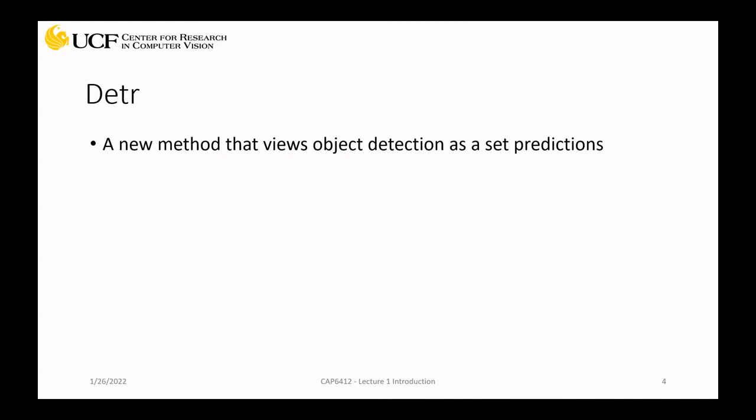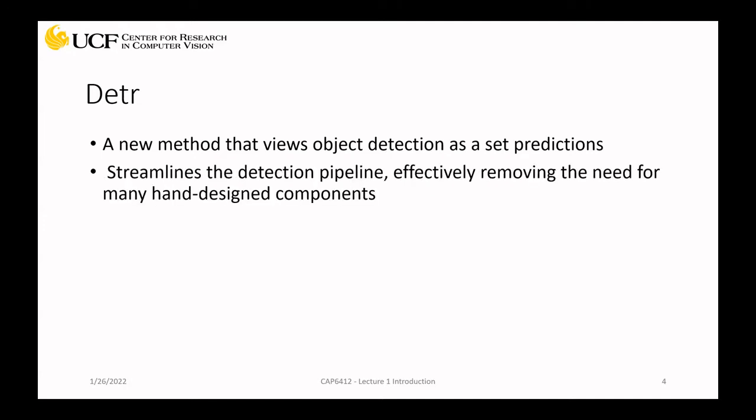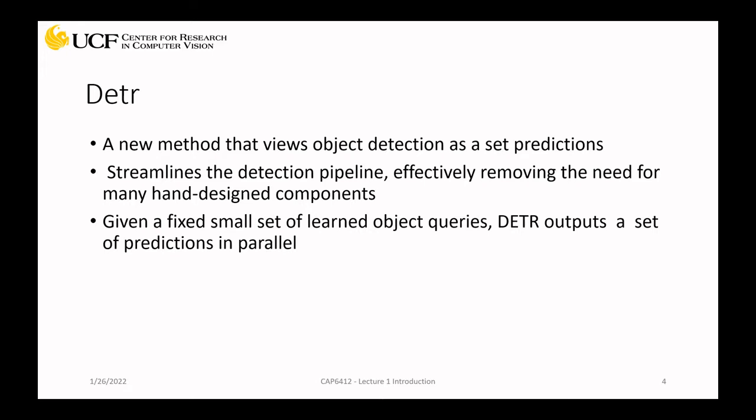So here they want to use a transformer, and it is actually predicting a set of predictions. We'll show you. So it's a very streamlined pipeline. It removes the different stages as we have in Faster R-CNN.